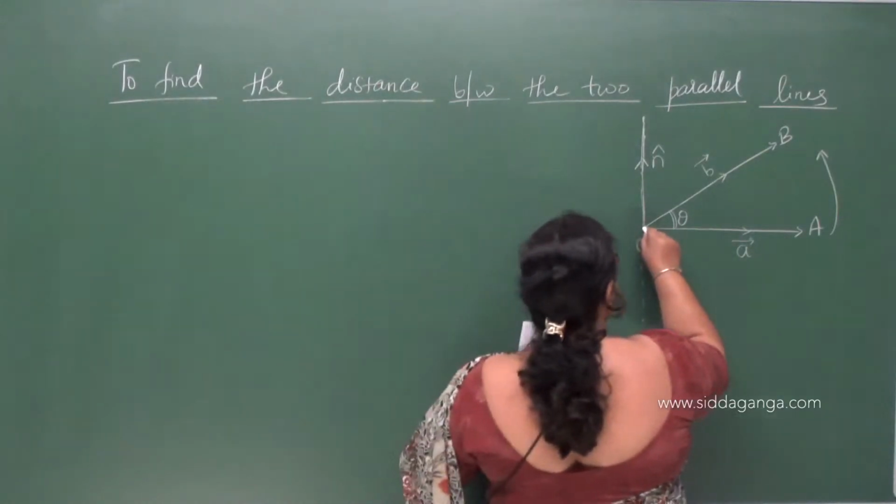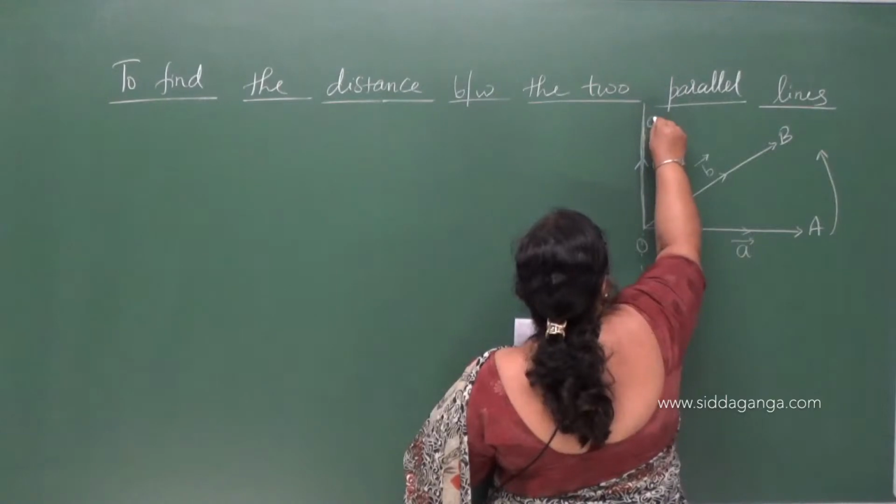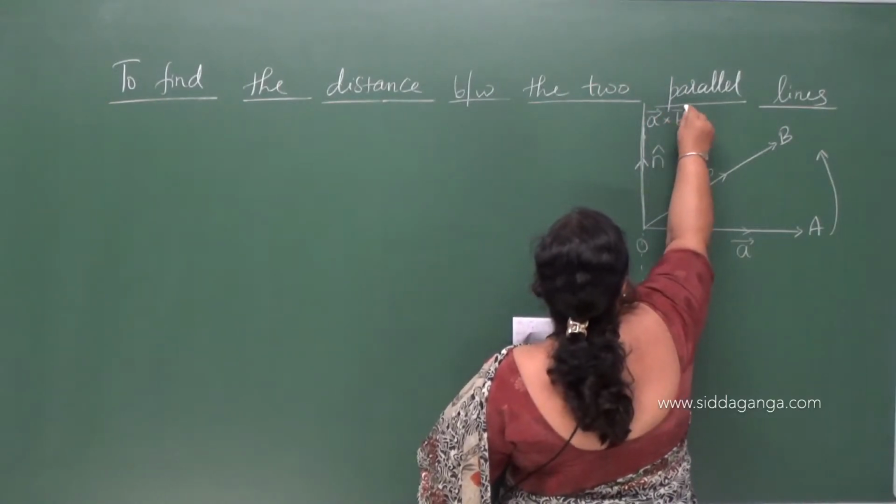And this vector is vector A cross vector B.